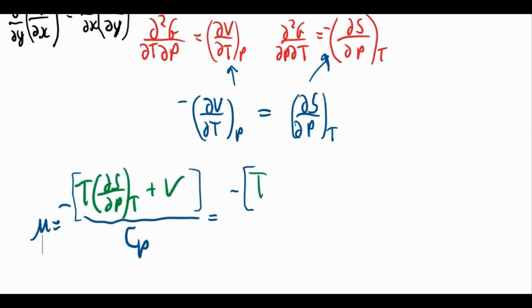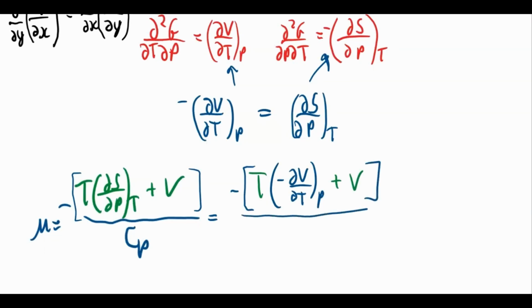So this is temperature, and this partial S over partial P, entropy and pressure, that's this. So that's the negative partial V over partial T holding pressure constant plus volume. And all of that is divided by CP.